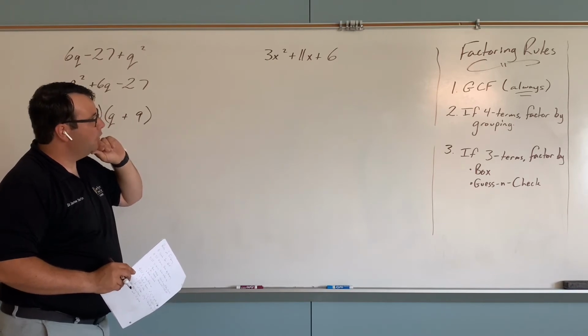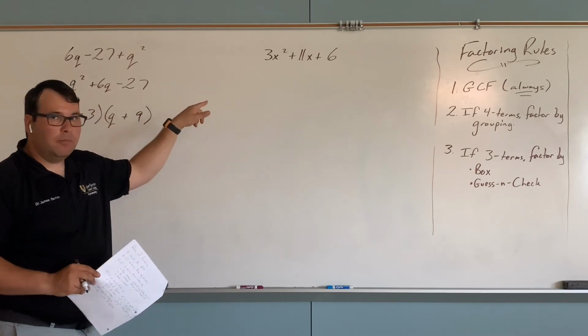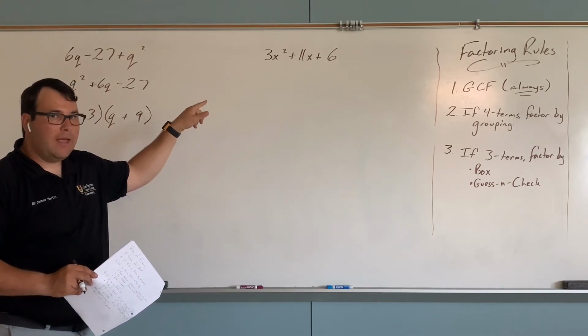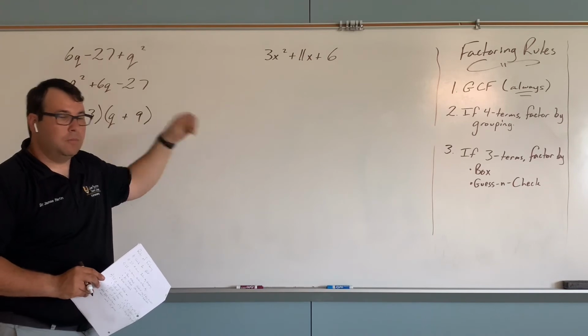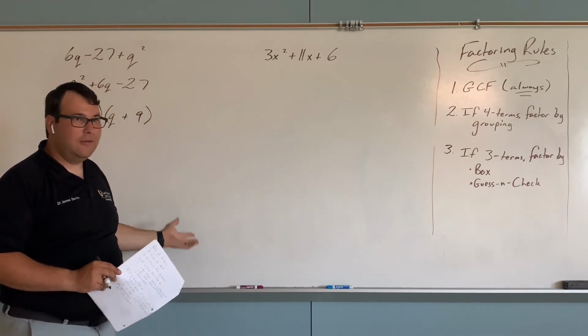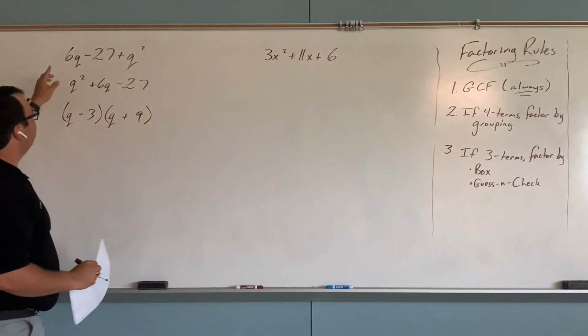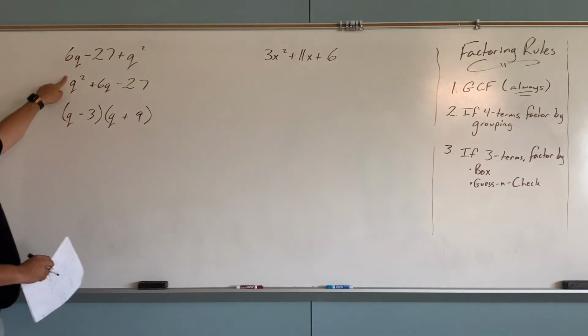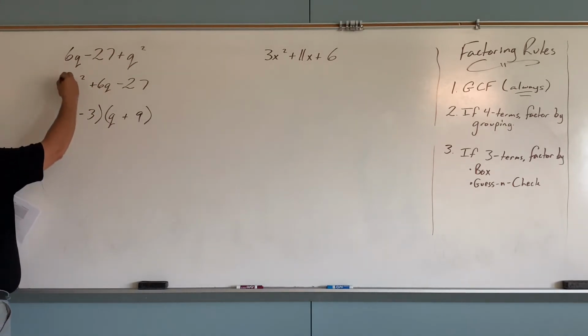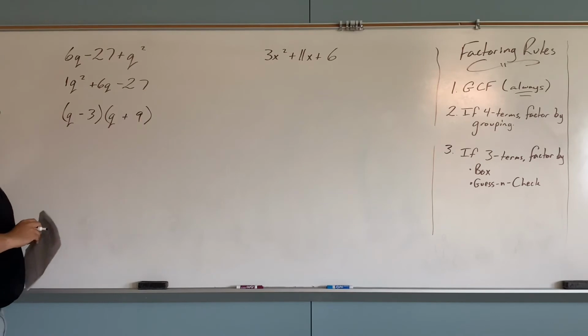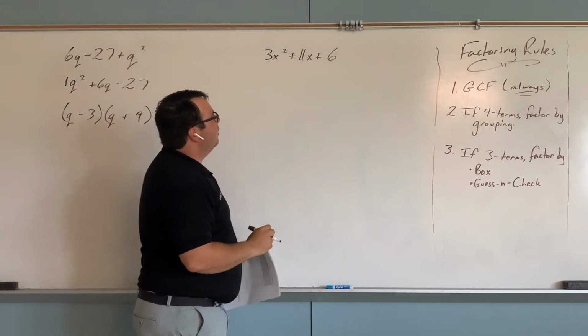It's a 3-term polynomial. But that lead term has a coefficient. What does that mean for me? I've been dealing with lead terms that have no coefficient, or technically a coefficient of 1. So what do I do here?